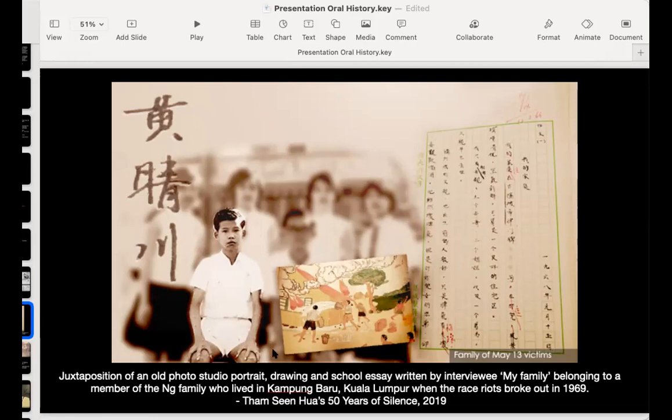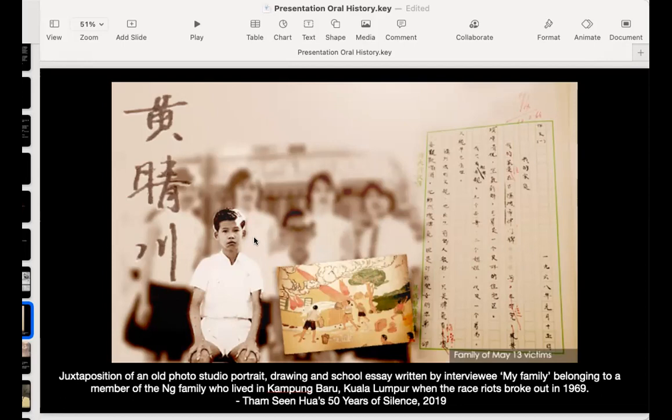So you see here a drawing done by a school class, a drawing about a fire that happened possibly during the riots. There's an essay with the title "My Family," and then there's also a family portrait, a photo studio portrait. That's very common in all our family albums, right? You would have seen them before.